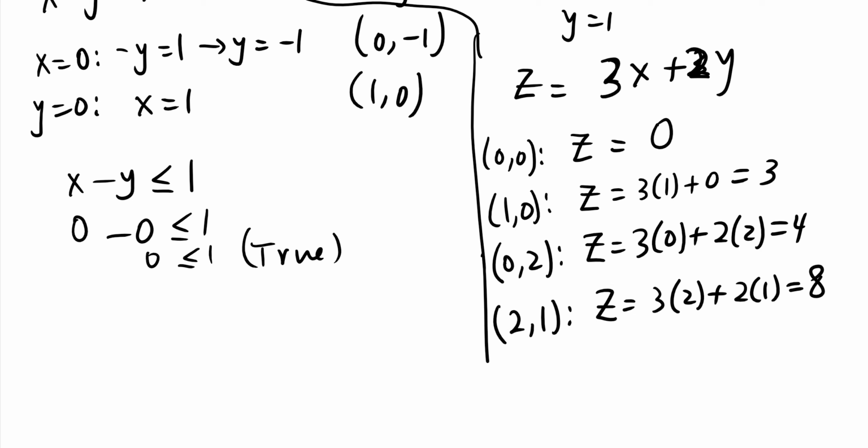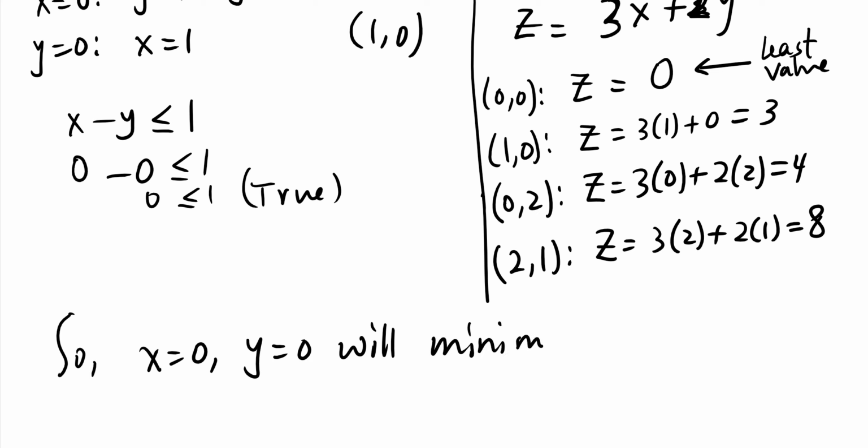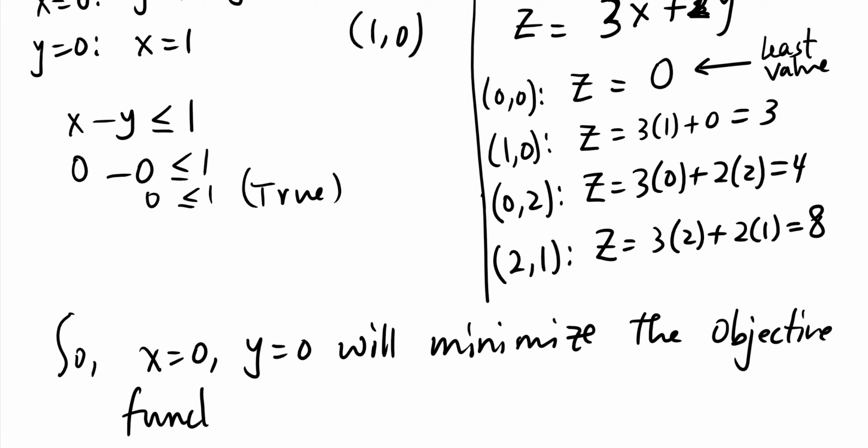So which one gives us the lowest value? The lowest value, as you can see among all of them, is this one. This is the least value. So from here, we can say x equals 0, y equals 0 will minimize the objective function z equals 3x plus 2y, corresponding to the given constraints.